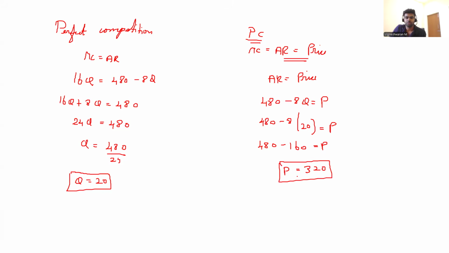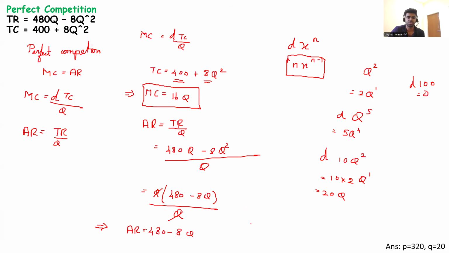Okay, that's all. Now we have to find the profit. Profit is equal to total revenue minus total cost. Total revenue is price into quantity, minus total cost. So price into quantity means 320 into 20, minus the value for marginal cost.